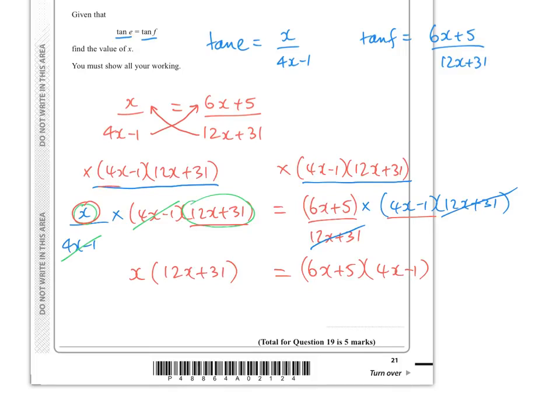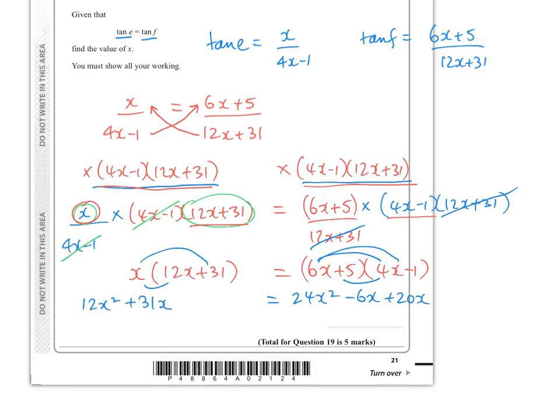Okay, so that's the idea of cross multiplication, but cross multiplication is just an idea, and mathematically you're actually doing this to both sides. So what we can do now is multiply out the brackets. So we've got 12x squared plus 31x, and that's equal to 24x squared minus 6x plus 20x minus 5.